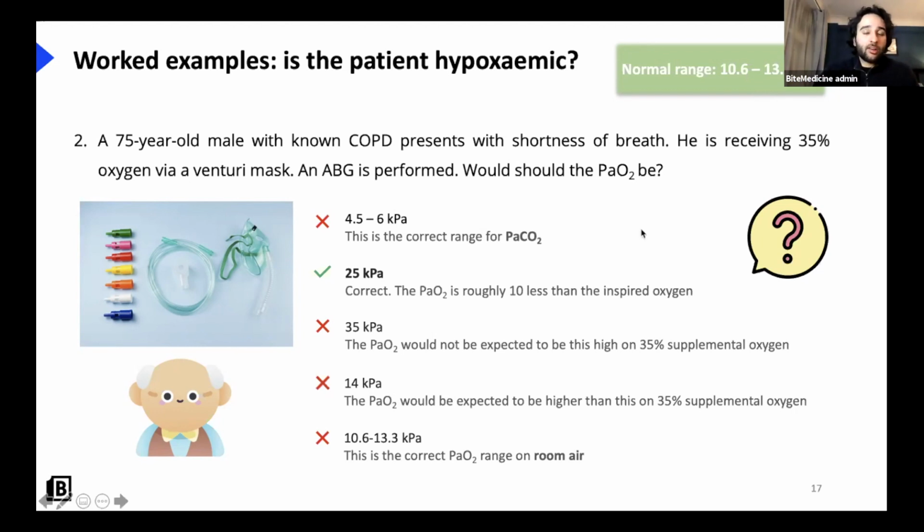This delivers somewhere between 24 to 60% oxygen. So this chap was receiving 35%. And the keen-eyed of you will have noticed that there are lots of these different colored bits here. These different colors essentially attach onto the Venturi device and determine the flow rate going through your Venturi mask.